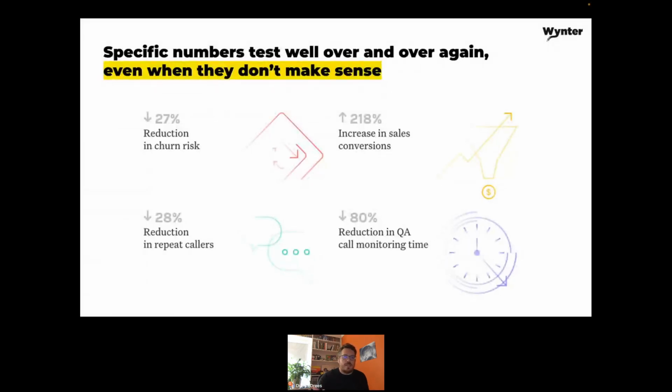I've actually seen Wynter tests where there are numbers that make zero sense, and people still gravitated to it. They talk about it, they call it out, they notice it. So it's a simple technique to build in additional value for your customer. But make sure you label these numbers appropriately. Don't waste that opportunity, even if they'll notice it otherwise. Make sure it's actually useful information.